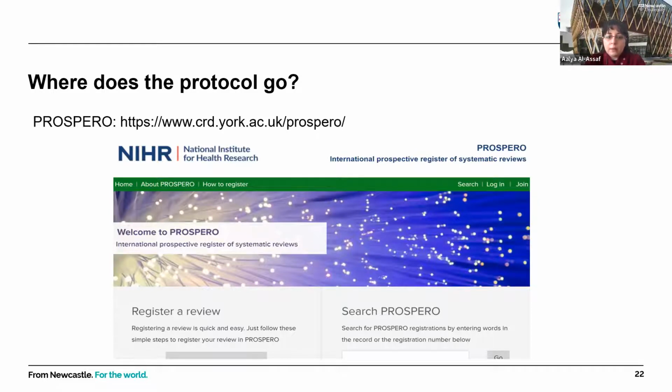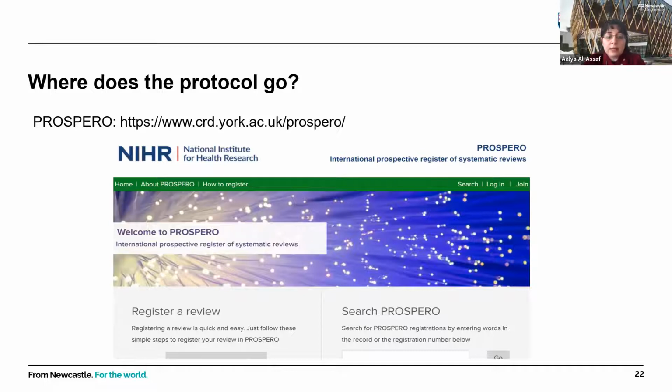You can register your protocol on Prospero. Prospero is an international database of prospective systematic reviews in health and social care and in public health or other fields that have related health outcomes.